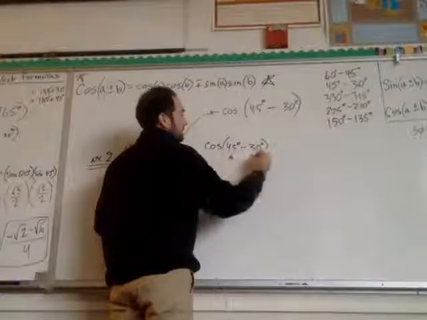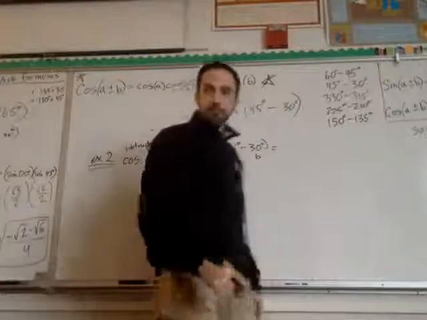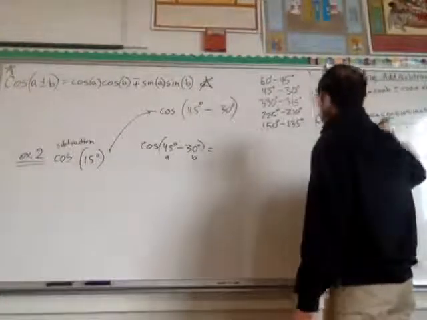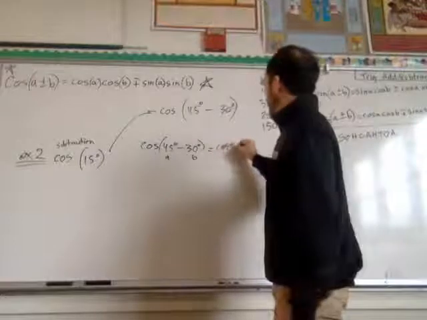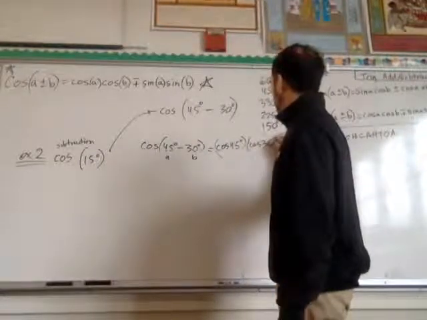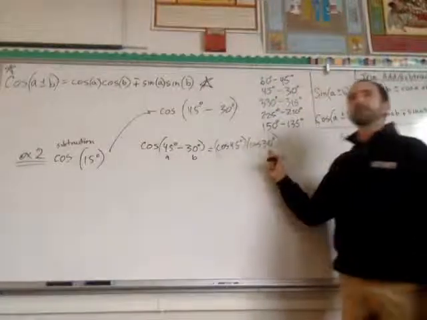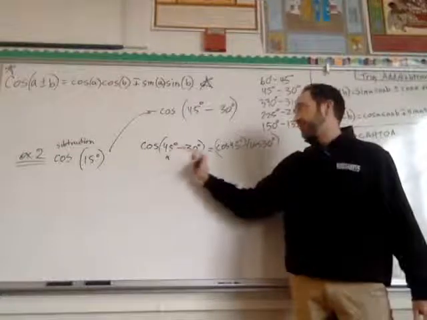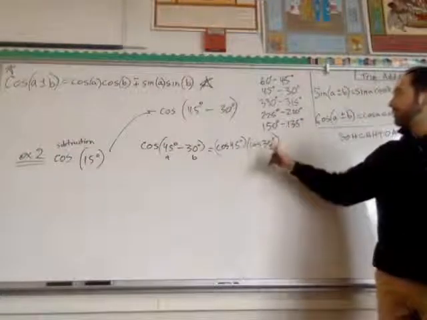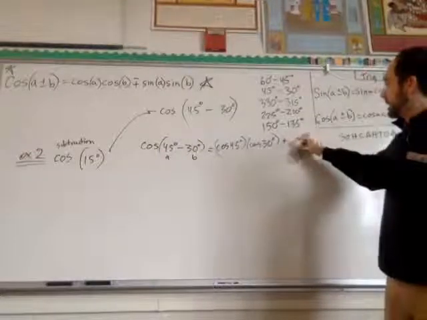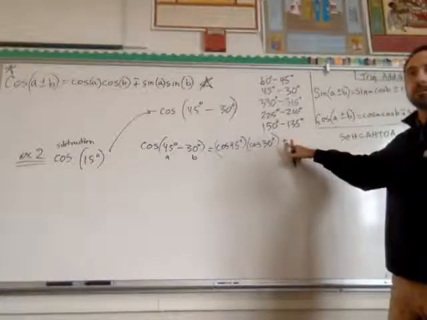Essentially, that's my A and my B. Okay, so cosine A, cosine B. Cosine of 45, cosine of 30. Now, why didn't I put negative 30 here? Because I'm subtracting these two angles, and the angles are 45 and 30. They happen to be subtracted, but we do not input negative 30 degrees here. It's all worked out, actually, by this addition right here.